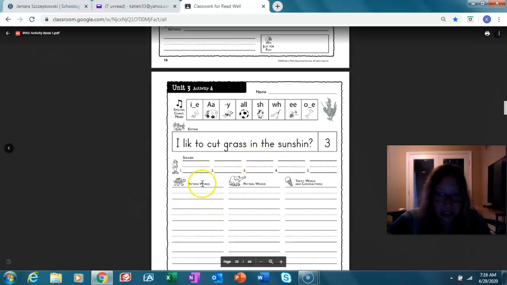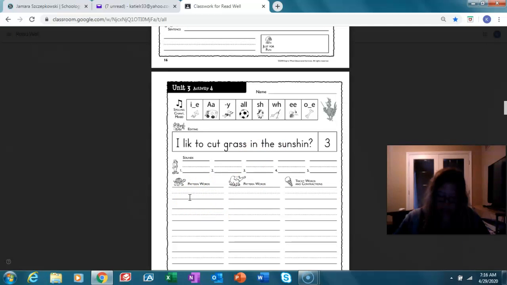Okay. Going down to your pattern words underneath the turtle, I'm going to give you some words that have a bossy E. So your first word is late. Should be spelled L-A-T-E. Good. Next word.